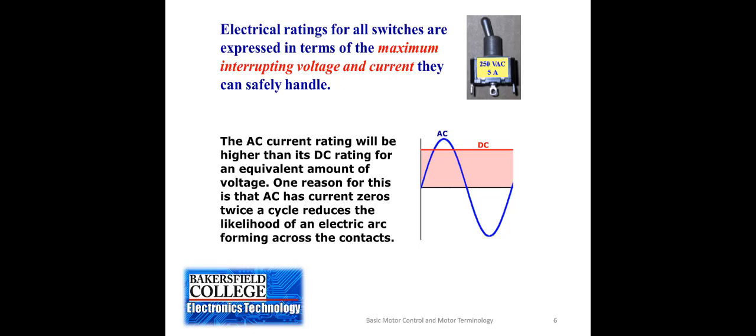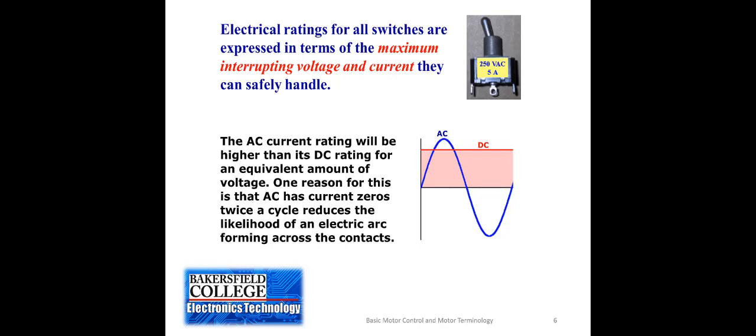When you replace a switch, it's important that you replace the switch based on its rating. How much is the maximum voltage that needs to be interrupted or stopped, and the amount of current that the contacts will handle.